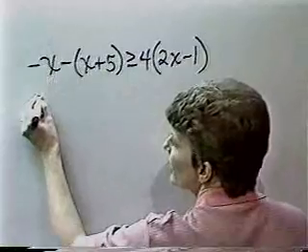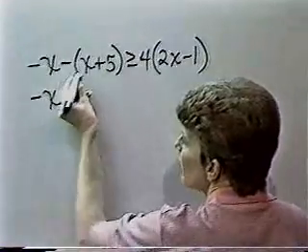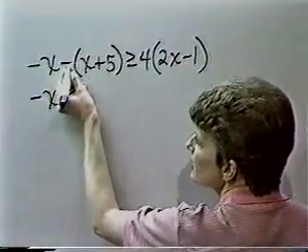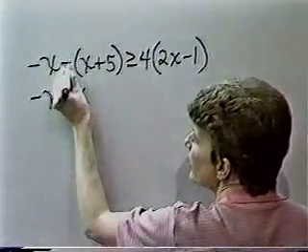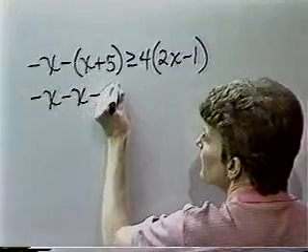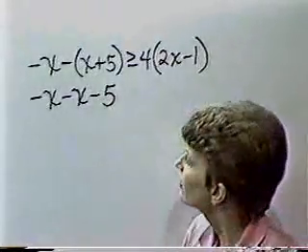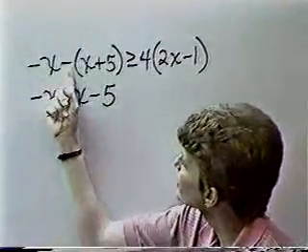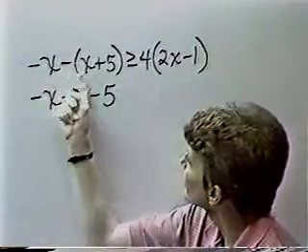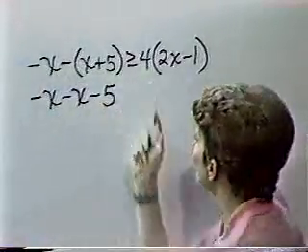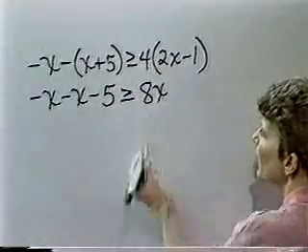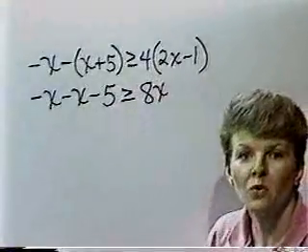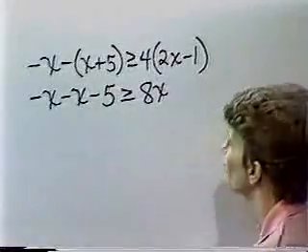This would be negative x. By removing this set of parentheses, I'd have negative x, or minus x, and then a negative times a positive, that would be minus 5. Once again, negative x minus 5, that's greater than or equal to 4 times 2x, or 8x, minus 4 times 1, or 4.